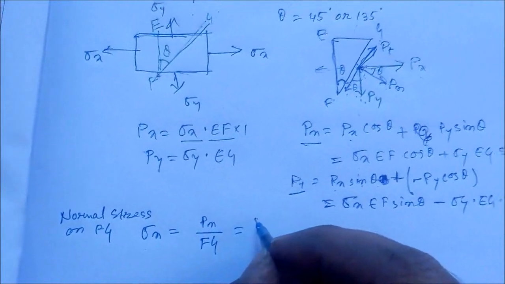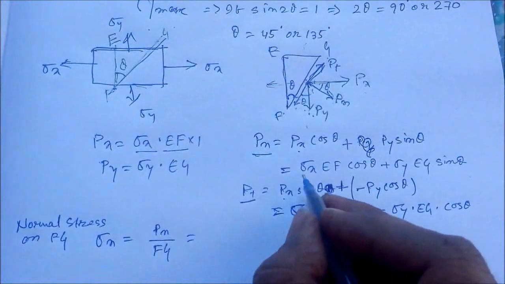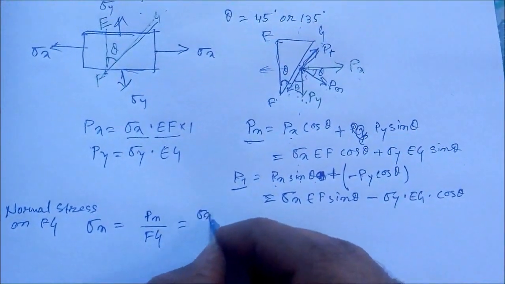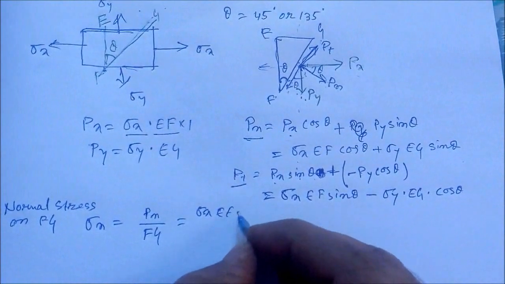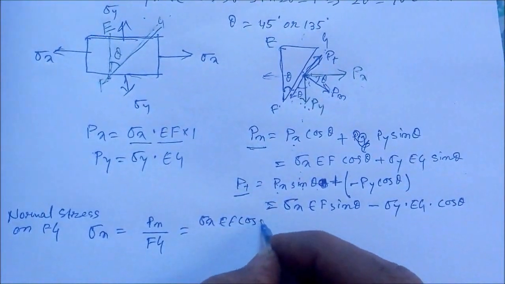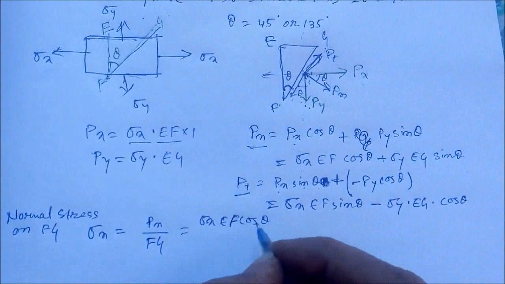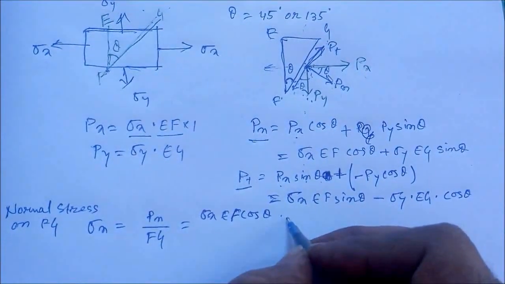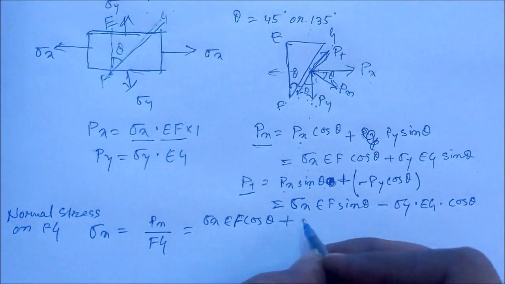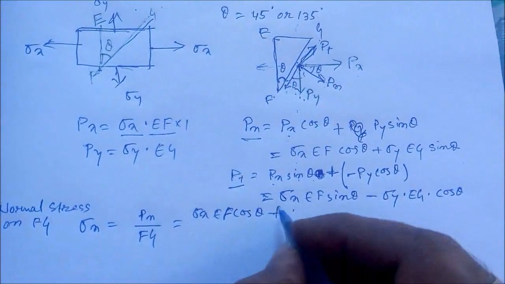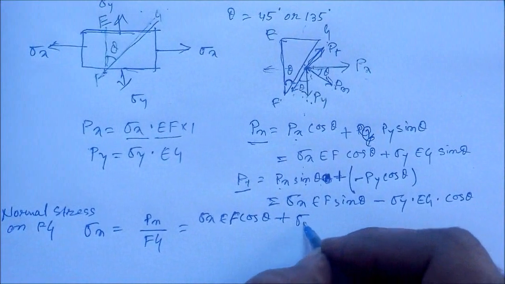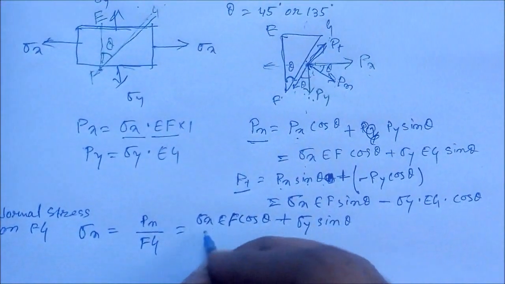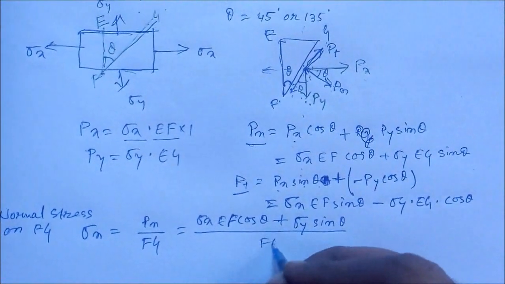And what is the value of Pn? We have already found it. This value is basically sigma x EF cos theta, right, plus, okay, let us take this sigma y sin theta divided by FG.